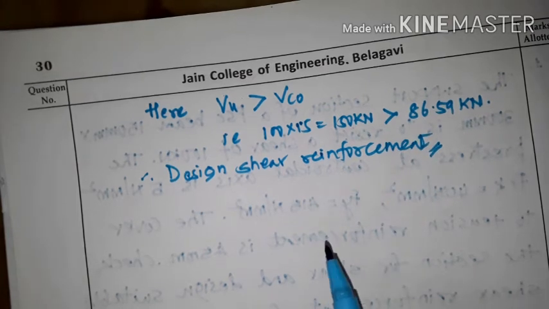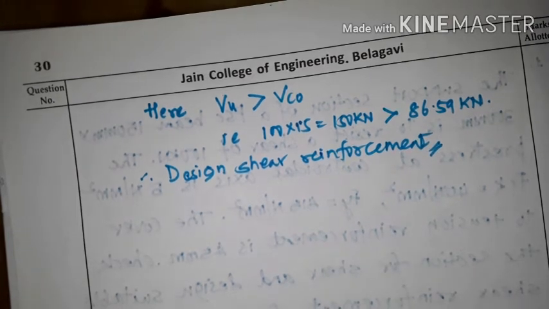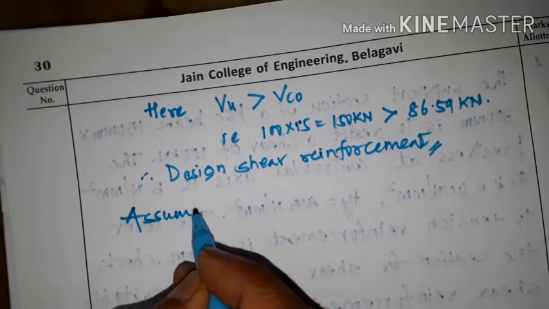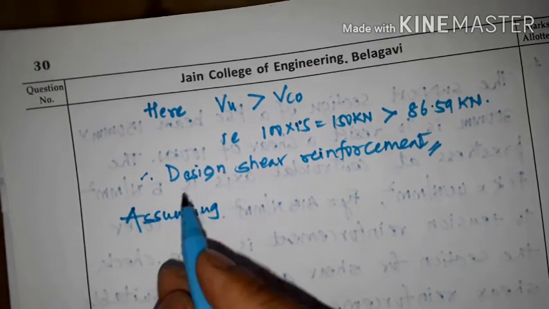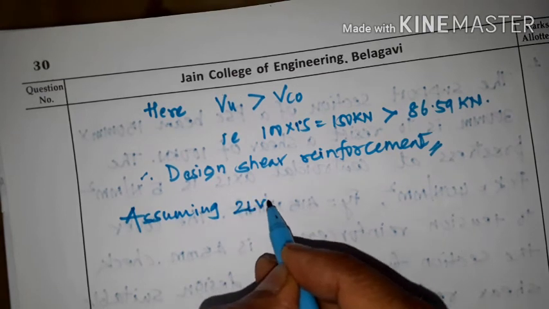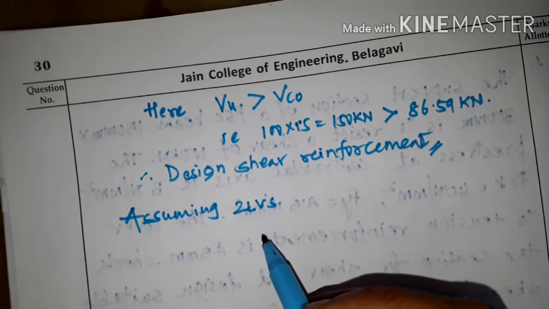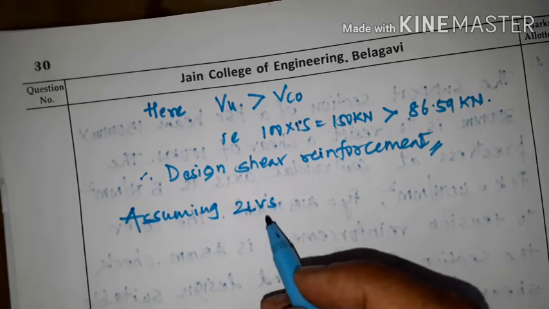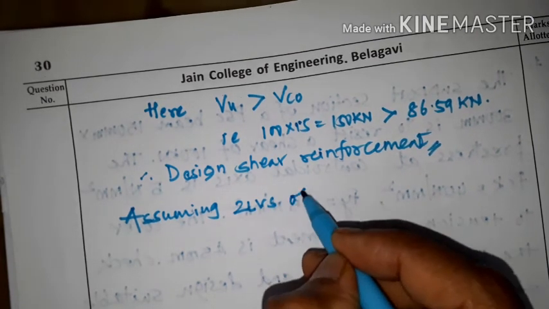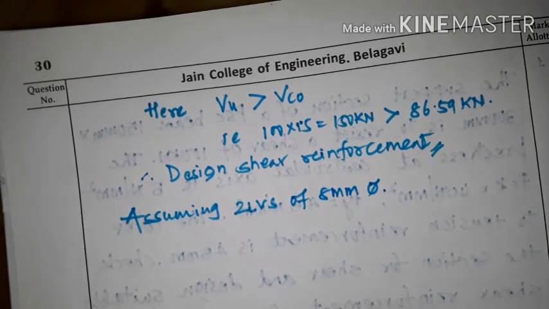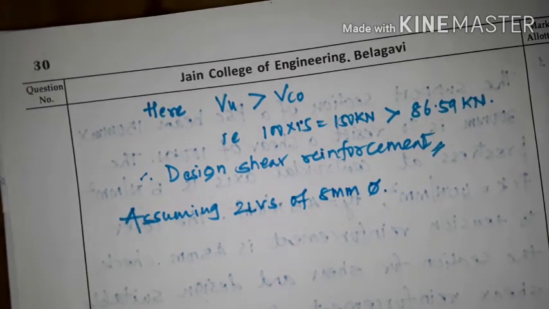Okay, so for that, assuming 2 LVS, that is 2-legged vertical stirrups of 8 mm dia. So we will assume 2 LVS of 8 mm dia.